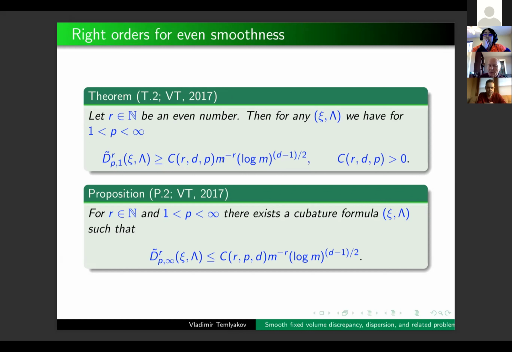It's the one which is of interest clearly when D is fixed, and what is the right order with respect to M. So then these two results solve this problem for P strictly between 1 and infinity. This is P1, and for P2 any between 1 and infinity, including 1 and infinity. So this is basically the end of the story, but this is for even numbers. The upper bound holds for any R, but the difficult point here is this lower bound.